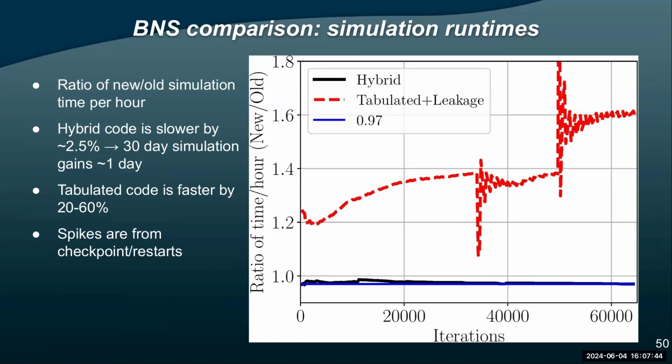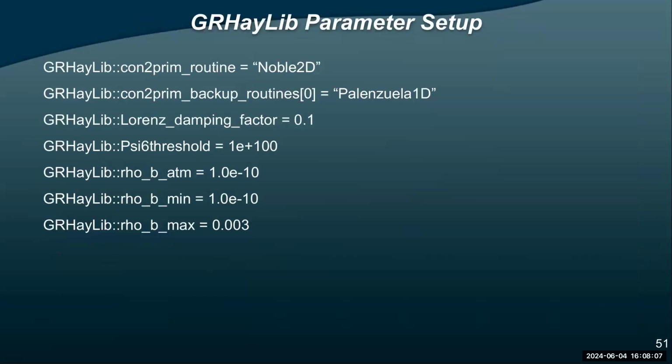These really noisy parts are because the two codes checkpointed at different iterations, because the x-axis is the iteration count. So these are just which code was checkpointing at that time. So the tabulated code seems to have improved significantly, and the hybrid isn't really that much slower, which is pretty reasonable.